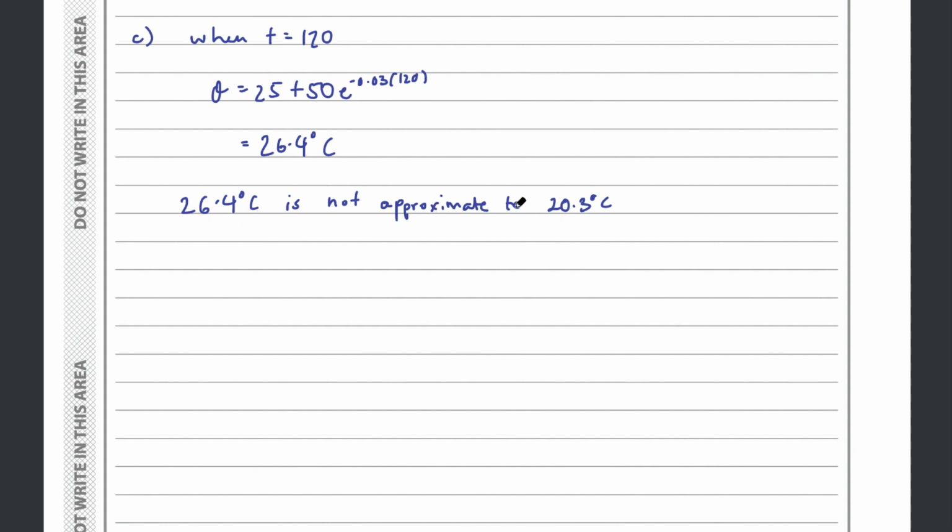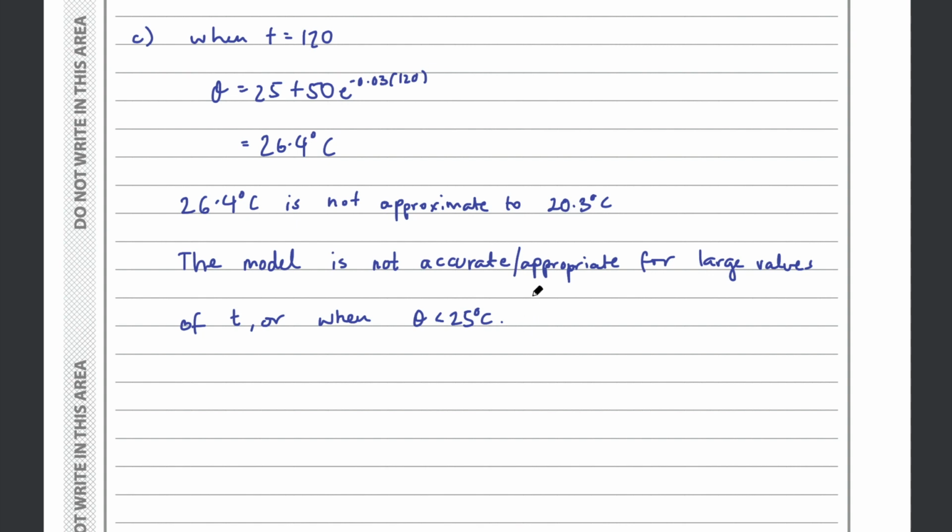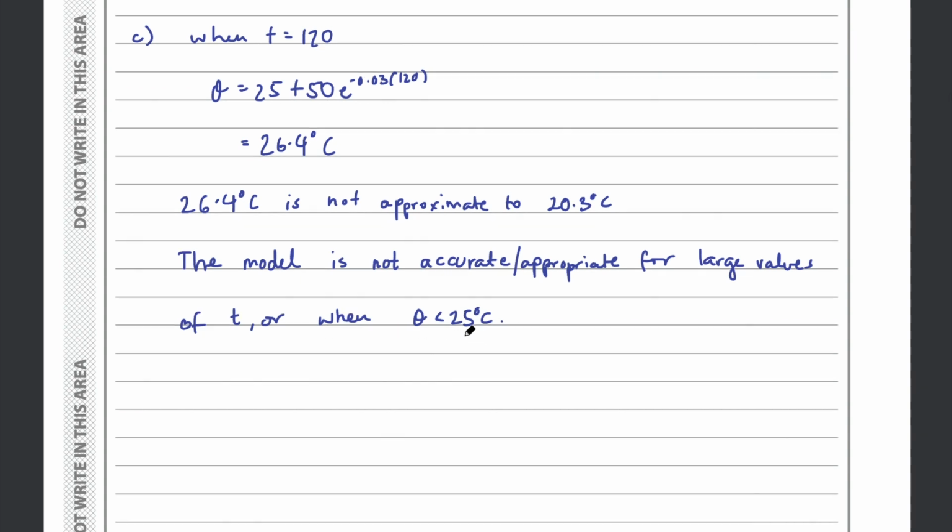But overall we can say it's not accurate for large values of t. So the model is not accurate or appropriate, whichever word is better there, for large values of t or when the temperature is below 25 degrees.